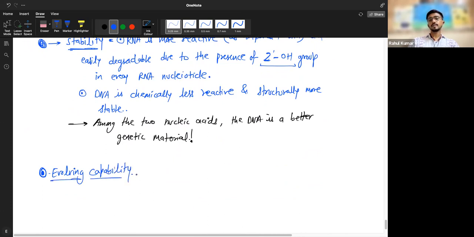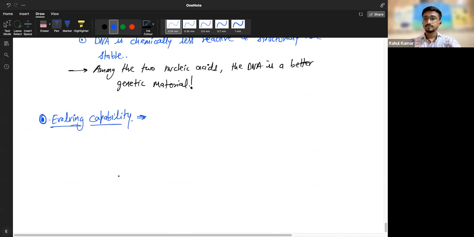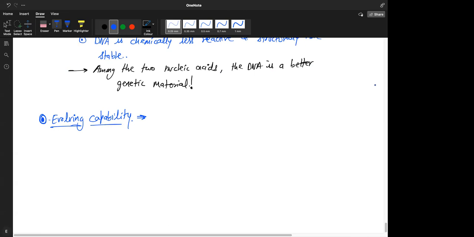Which one do you think will evolve faster or change faster, DNA or RNA? Wafia, Madhya, what do you think? Which will mutate or change faster? RNA? Yes, why? What is your logic?